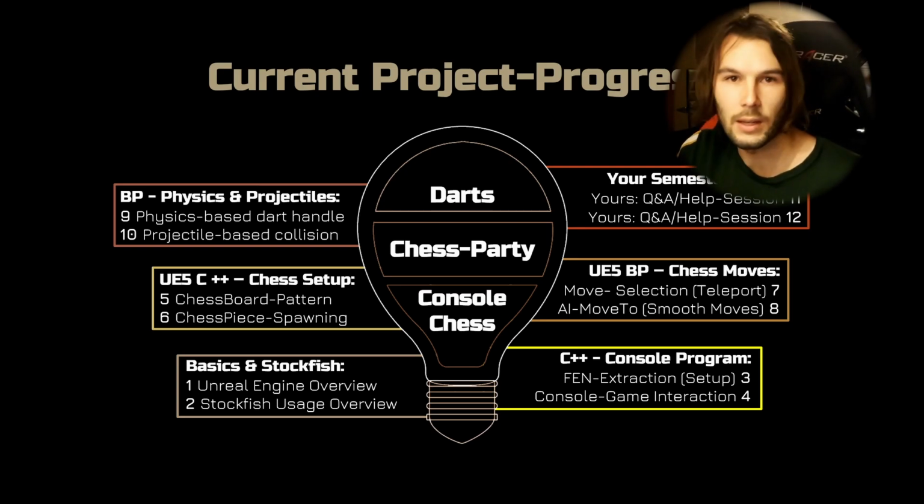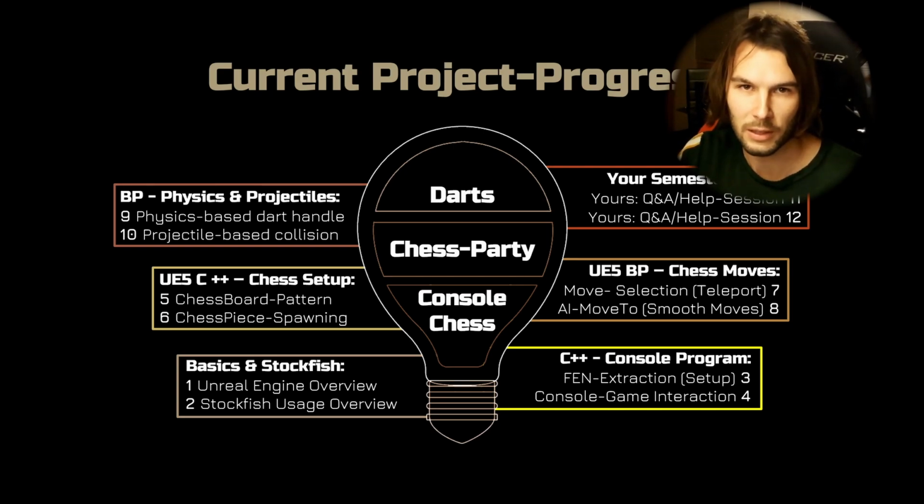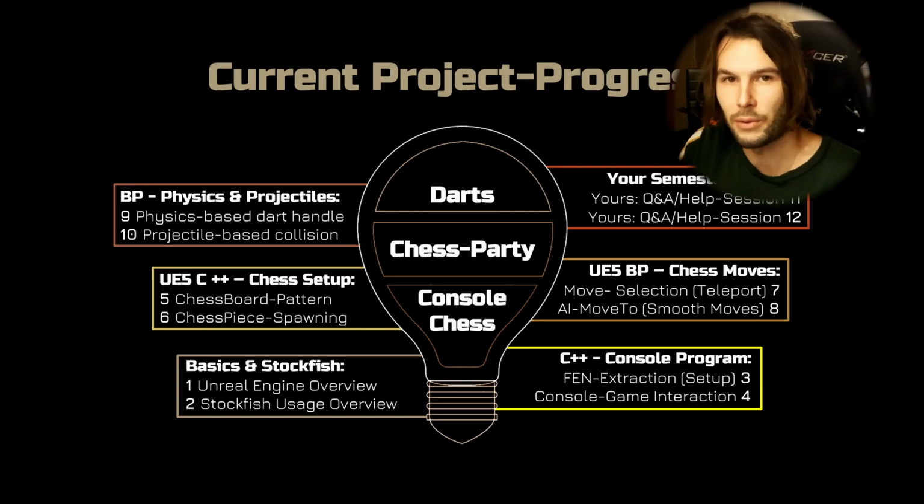As you can also see, this will be the last session before we move over to Unreal Engine 5 and implement this whole part we will now do in 2D using ASCII art on a completely custom built 3D environment where we can then play chess by simply clicking with a mouse button. All right, before we go there, let's do the quick recap first.